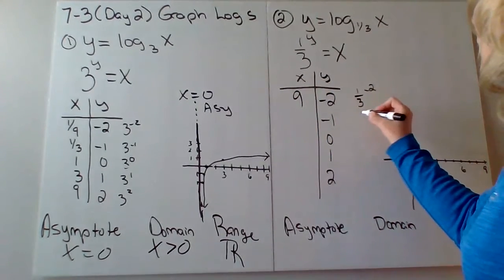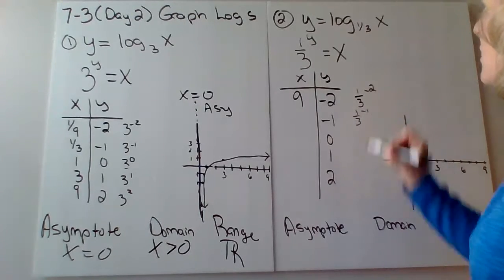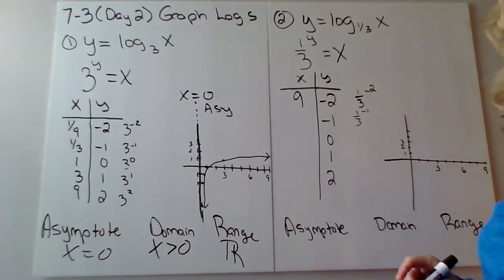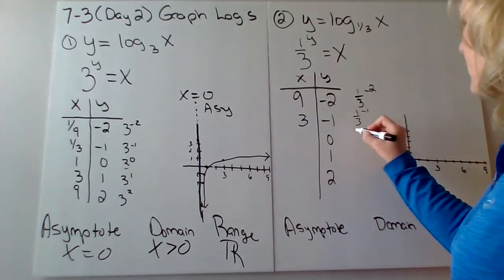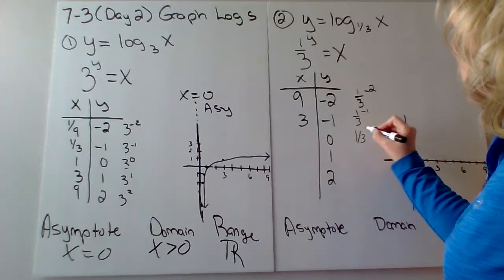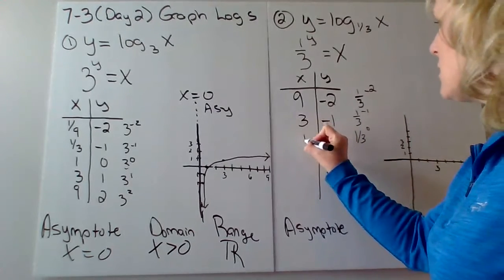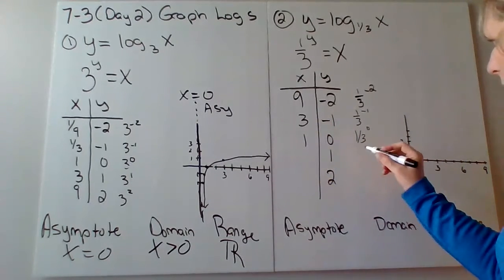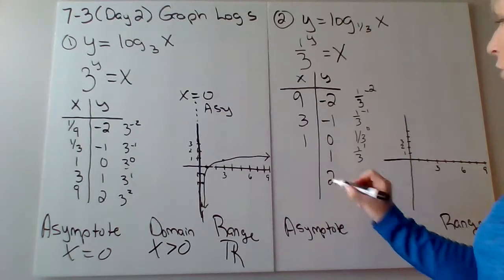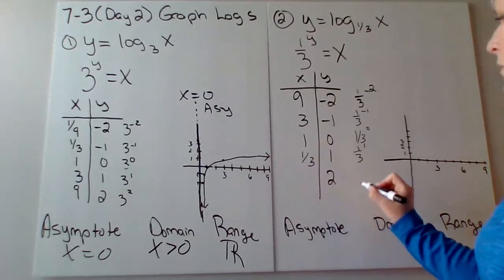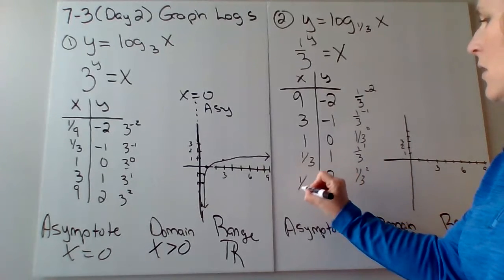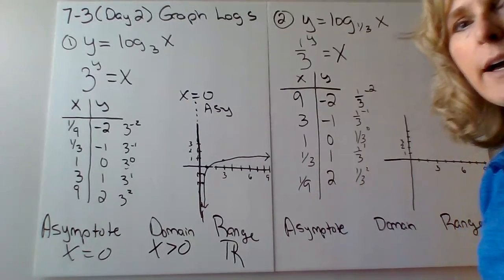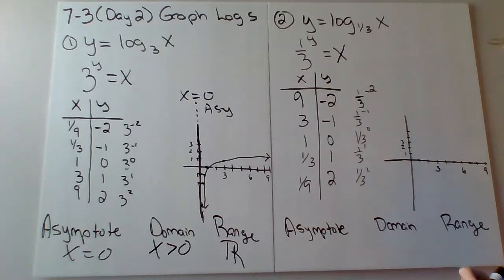I have 1/3 to the -1 power, use negative exponents, that would be 3. 1/3 to the 0 power, anything to the 0 is 1. 1/3 to the first is 1/3. And then 1/3 squared would give you 1/9. So here are my values that I'm going to plot.